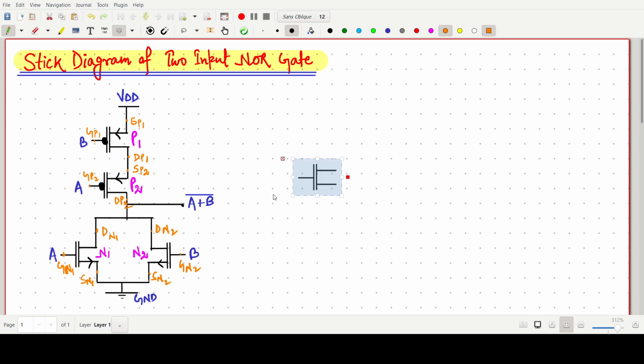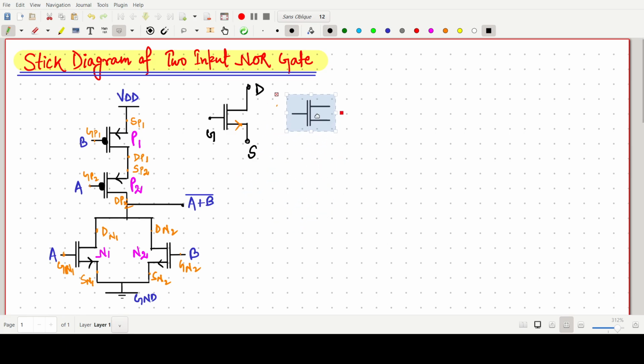Once again I want to give a brief. If this one is one kind of transistor, the arrow will always give the source terminal. This one is NMOS, so this should be drain and this would be gate. If I am saying PMOS, in PMOS the arrow will be like this.